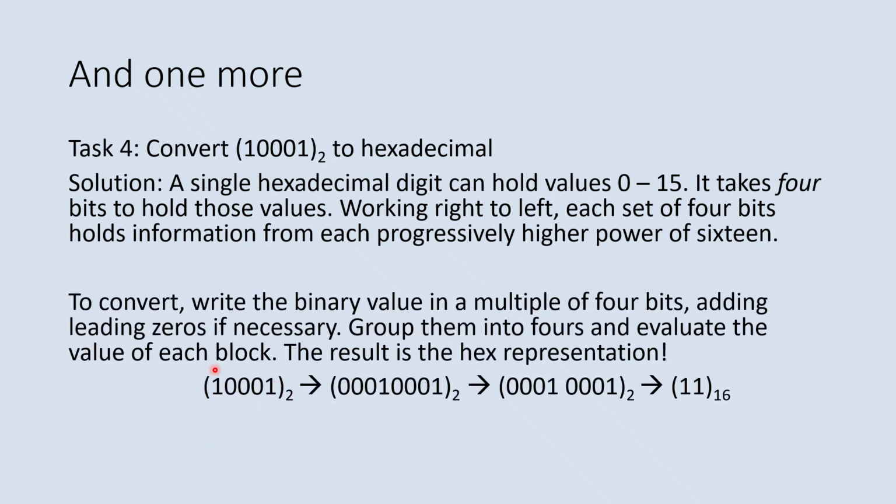So the 5 bits, we add 3 leading zeros to make a total multiple of 4 length. And separating those into the 4s just so we can see what's going on, we have 0, 0, 0, 1, and then on the left part we also have 0, 0, 0, 1.